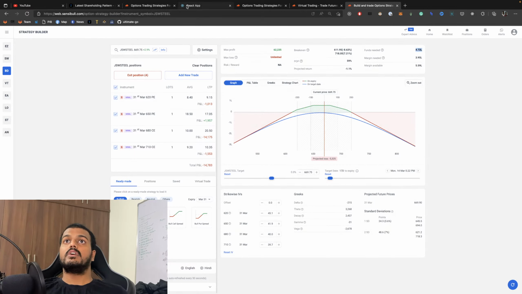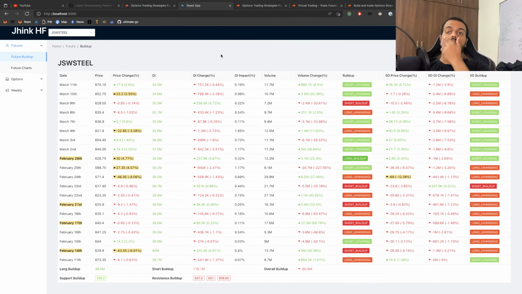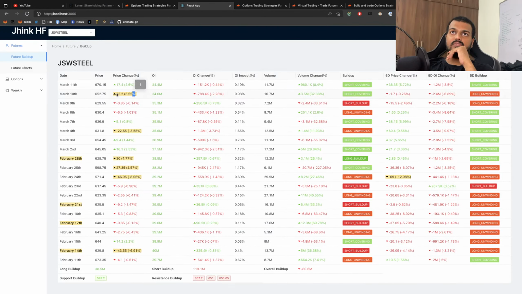This is my own software which I am trying to develop, and based on the data, what we would be seeing is, I will just move my face to the top here somewhere. That would be better. Now if you look at the data here, it's giving us three or four data entry points. Here, the price has changed a lot, and there was a lot of short covering.